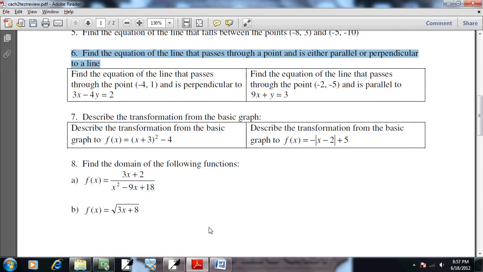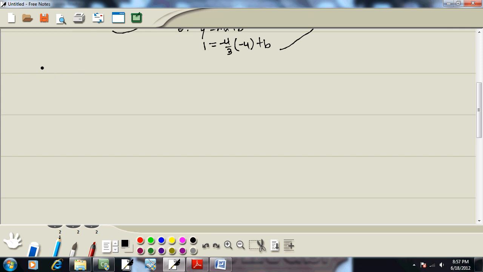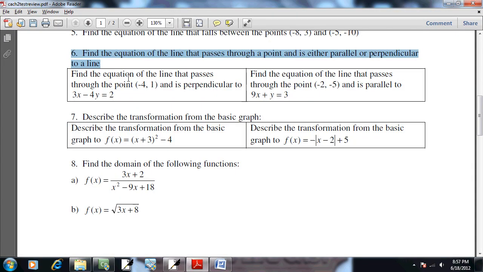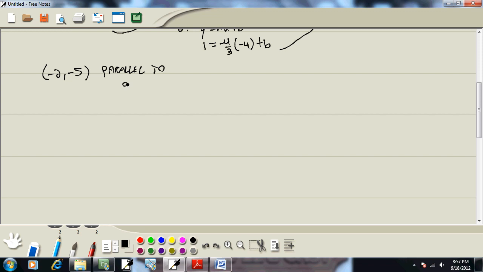Okay, so in this one, it passes through negative 2, negative 5, and it's parallel to 9x plus y equals 3. Well, first step, then a substep within that, is write the given line in slope-intercept form.